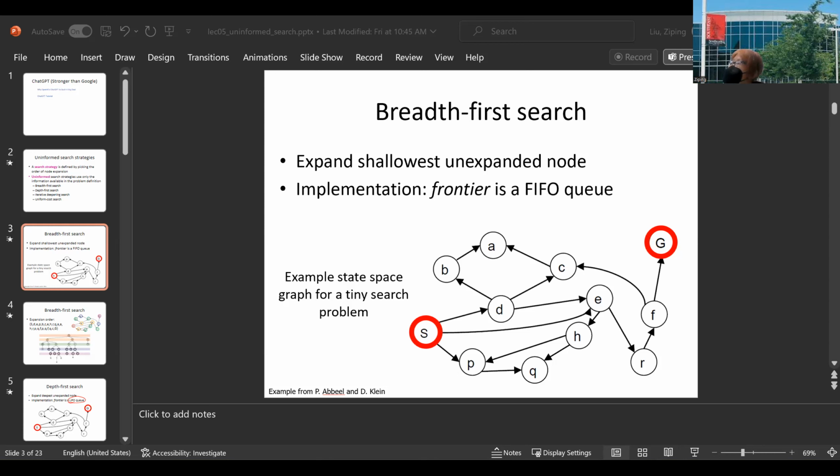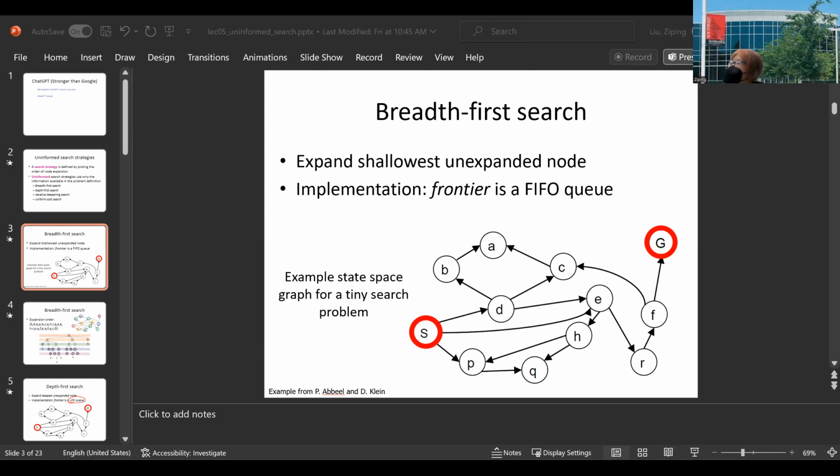We call this iterative deepening search. You increase the path length and then do depth first search. So you have the good of both sides.